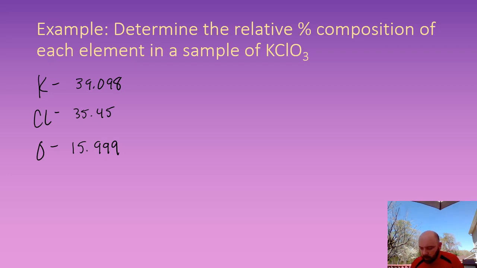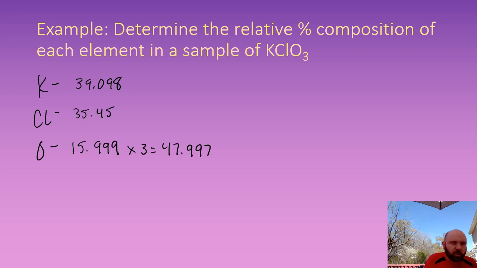So our total compound would actually have 3 oxygens. So 15.999 times 3 is going to give us 47.997 total atomic mass units of oxygen in that formula unit.